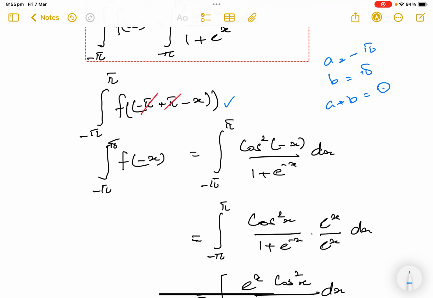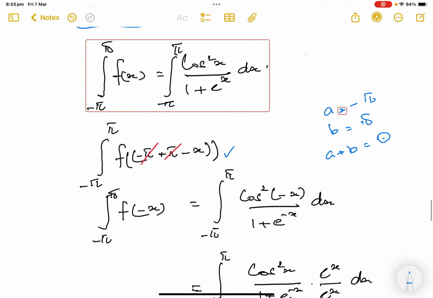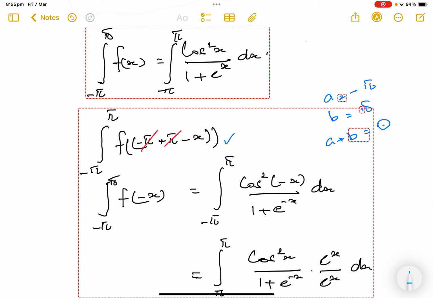Here I'll just put -pi to +pi. If we just substitute the value a + b - x, then -pi plus pi cancels out, leaving just -x. So the integral from -pi to +pi of f(-x). If it's f(x), it's f(-x). We proved it.